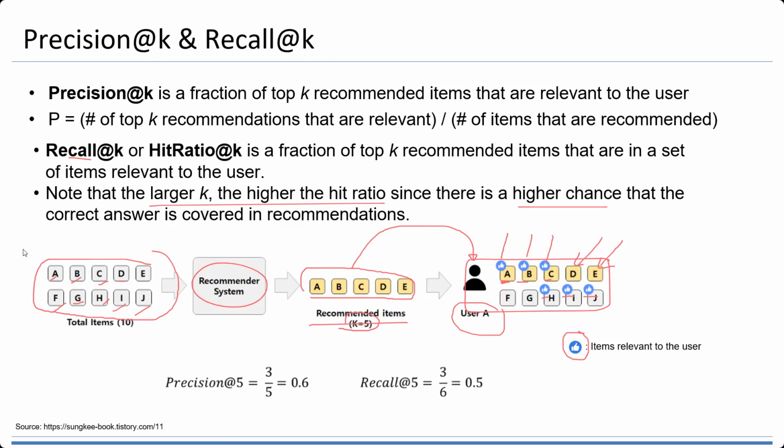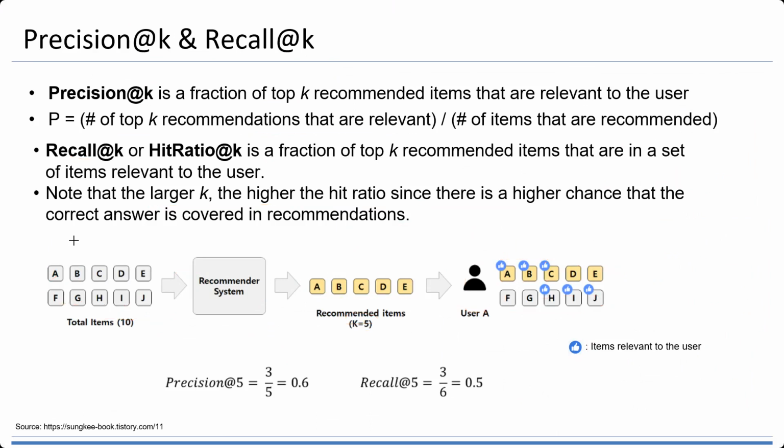Then how can we measure the precision and recall? When we use precision at 5, it means I have 5 recommended items, and from these 5, I want to know what the precision is.